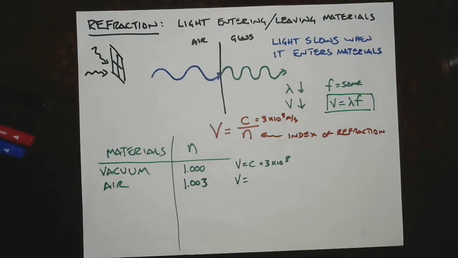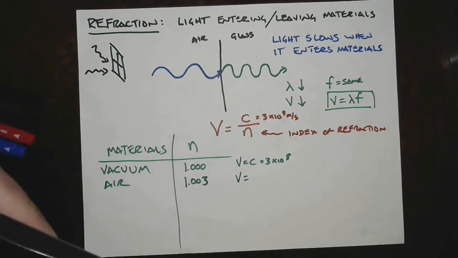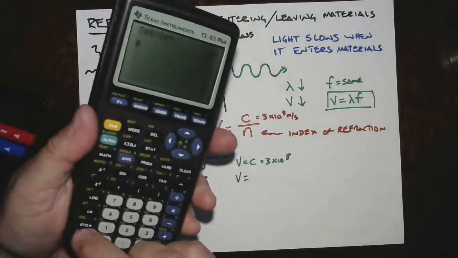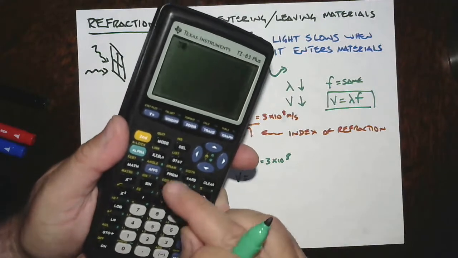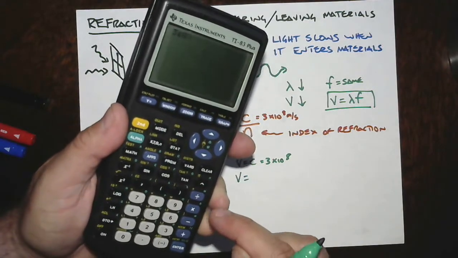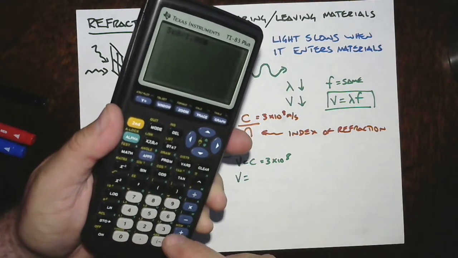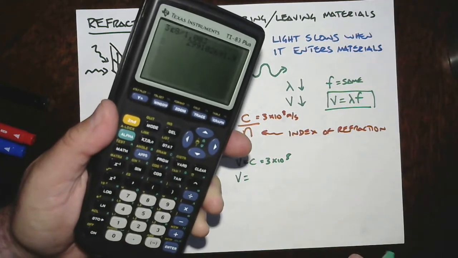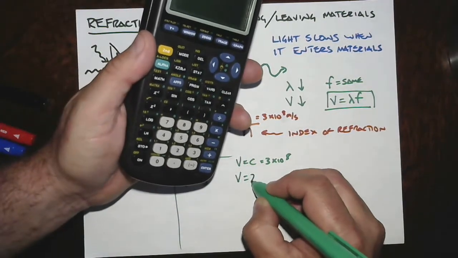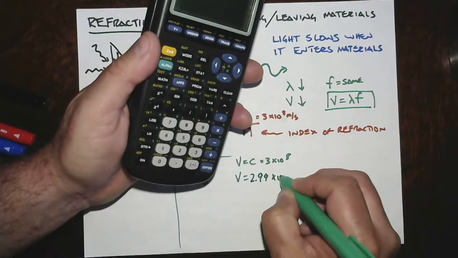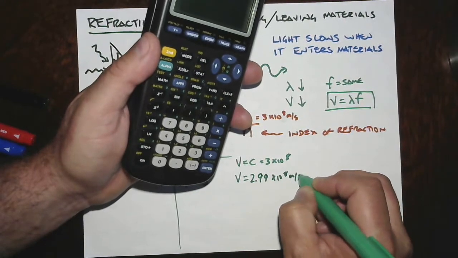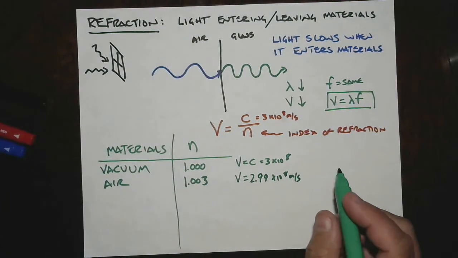And if I get my trusty handy dandy calculator out here, and we take 3 times 10 to the 8, and we divide by 1.003, we get 2.991 times 10 to the 8 meters per second. So that's very little difference.